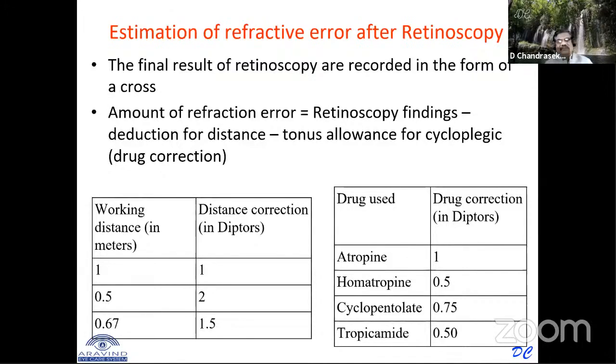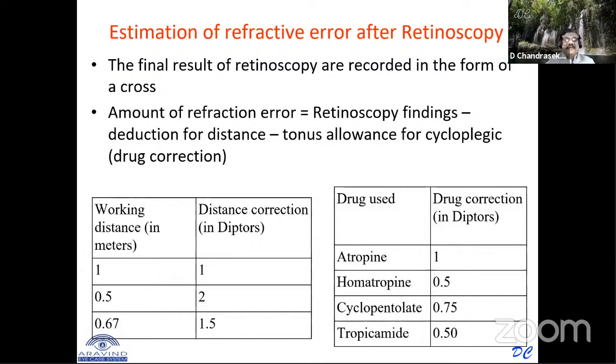Now, what are the drugs we use? We can use atropine for very young children, homatropine, cyclopentolate, and tropicamide. For atropine, you give a drug correction of -1. For homatropine, you will give a correction of minus 0.5. There is always 0.75 or 0.5 for cyclopentolate.